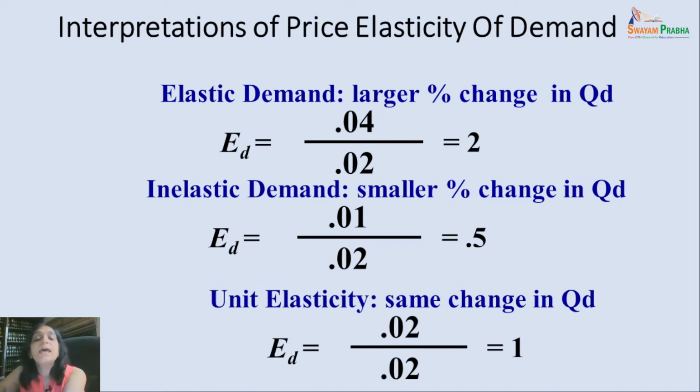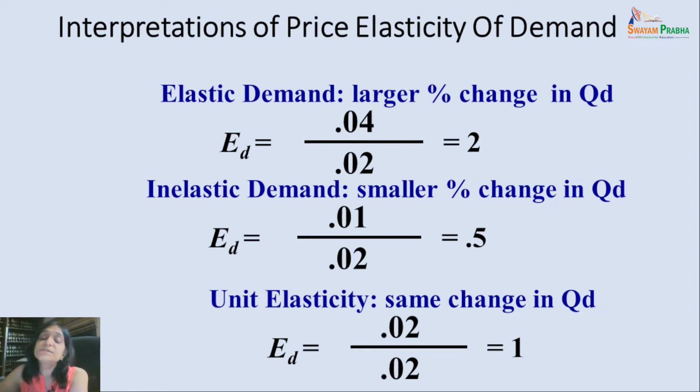Another case is where the change in the quantity demanded and the change in the price are the same. Price changes by 0.02, the demand also changes by 0.02. Price changes by 1%, quantity demanded also changes by 1%. This means the responsiveness of the demand was exactly the same as the change in price.